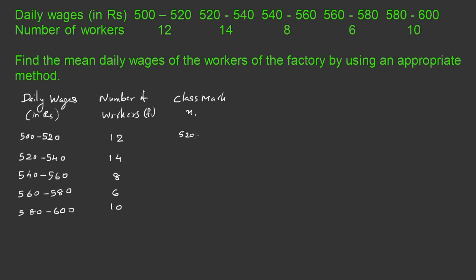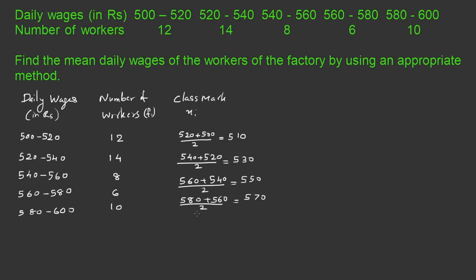Here it is 520 plus 500 divided by 2 is equal to 510. 540 plus 520 divided by 2 is equal to 530. 560 plus 540 divided by 2 is equal to 550. 580 plus 560 divided by 2 is equal to 570, and the last, 600 plus 580 divided by 2 is equal to 590. Now look, the values of xi's are very large.